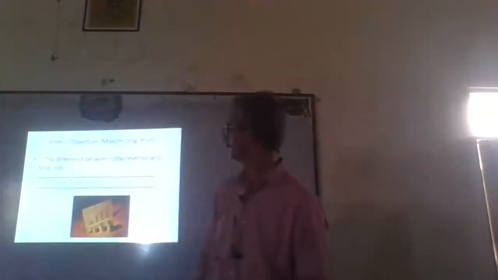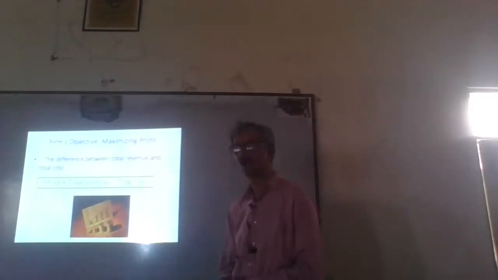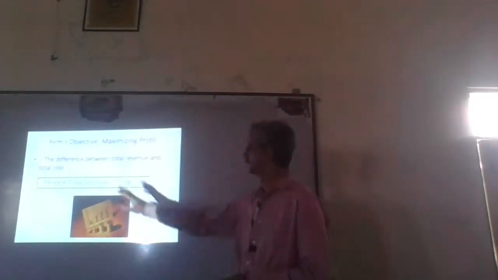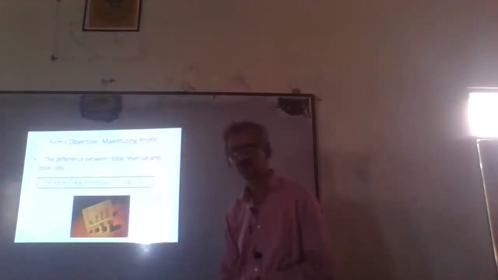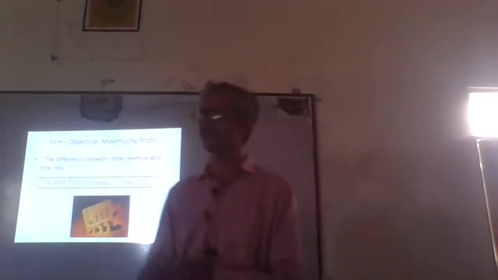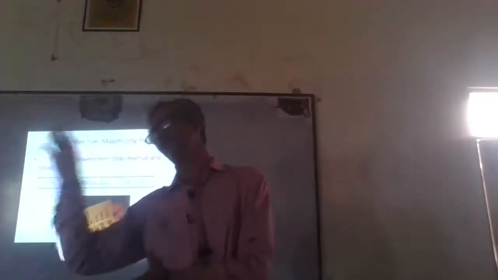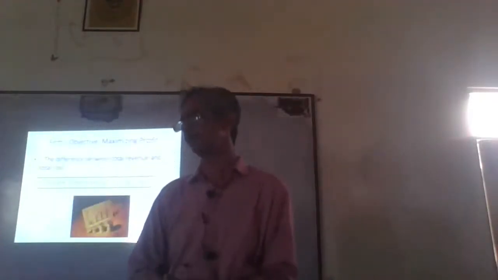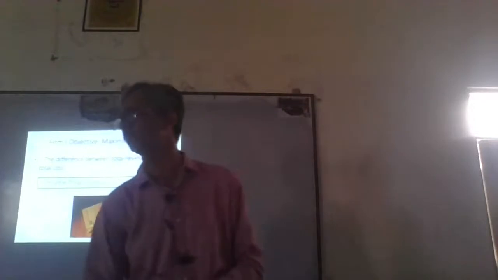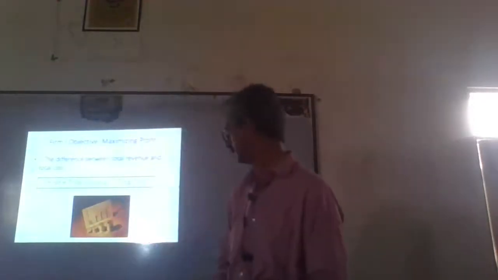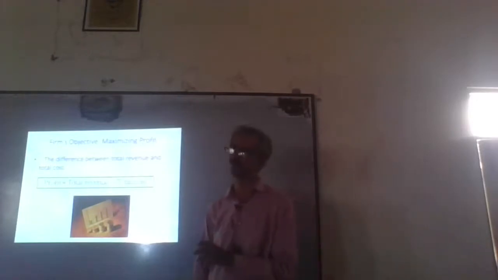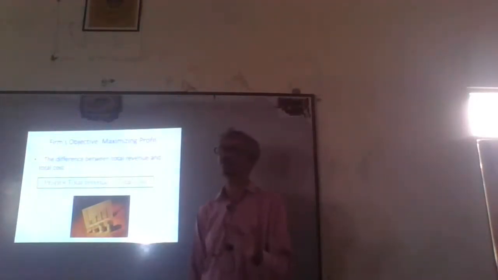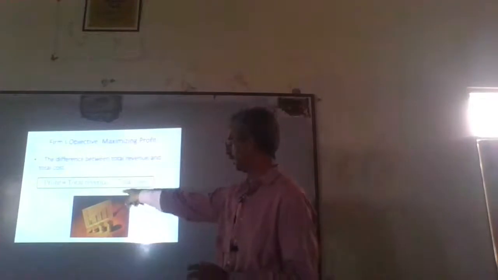How do we calculate profit? Profit equals total revenue minus total cost. Total revenue is the sales earning: the quantity sold multiplied by the per unit price. Revenue is different from profit.